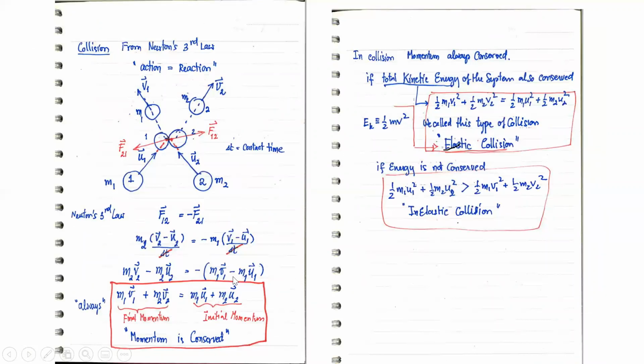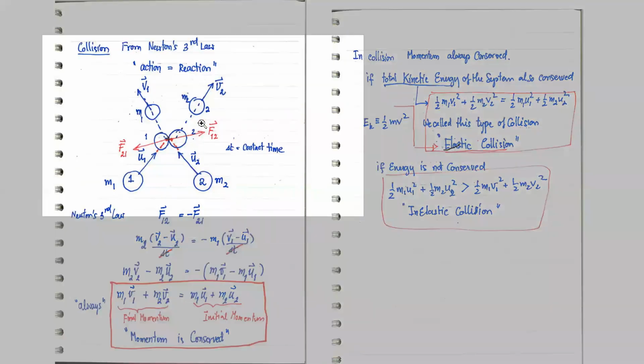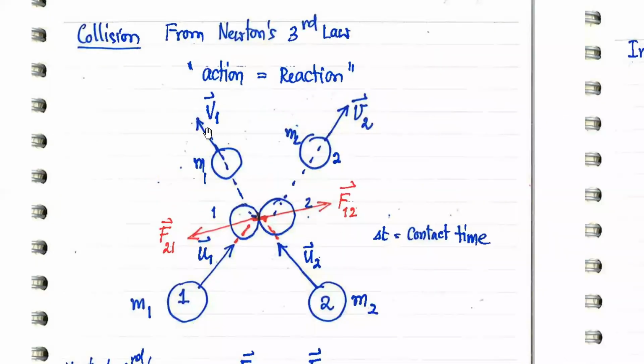Now let's go to the concept of collision. That is the case of two objects colliding with each other. And actually this is the perfect opportunity to discuss the accident of Dr. Katai.